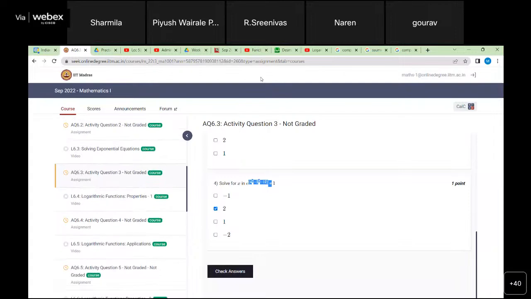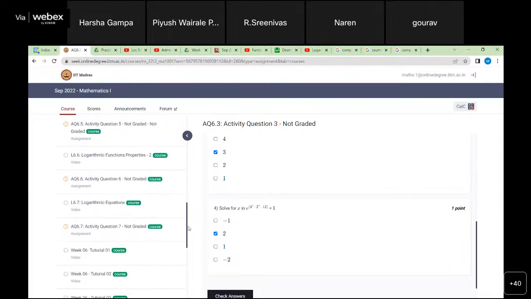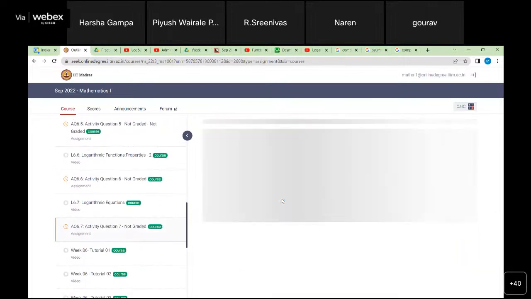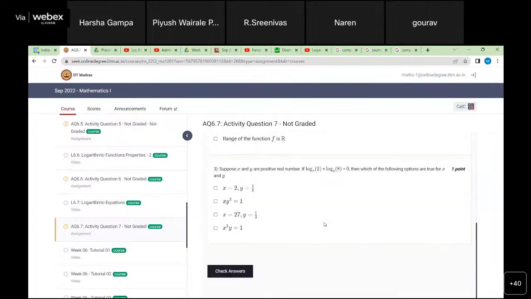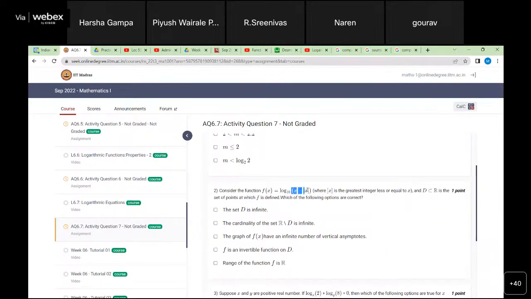Any other question? In the previous question, where log of x minus greatest integer of x, how is the range 0 to infinity? I still didn't get that. For this particular function, right? Range is not R, but what will be the actual range?